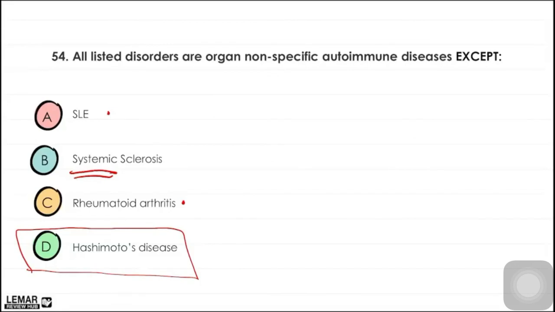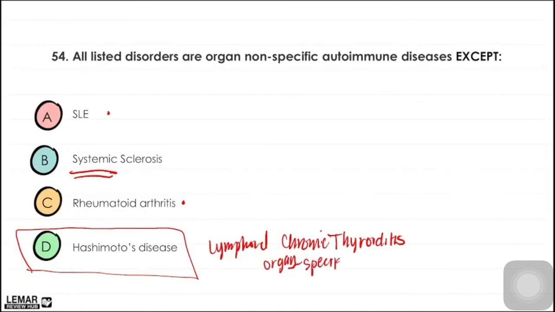Remember in our previous discussions, Hashimoto disease is also known as chronic lymphoid thyroiditis. This is an endocrine disorder and a classic example of an organ-specific autoimmune disease.